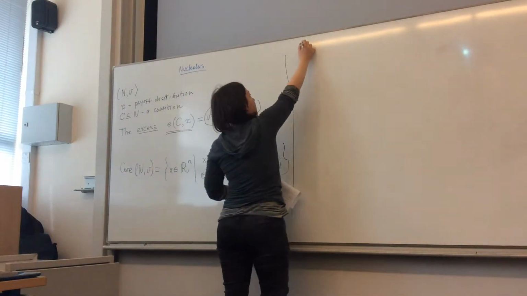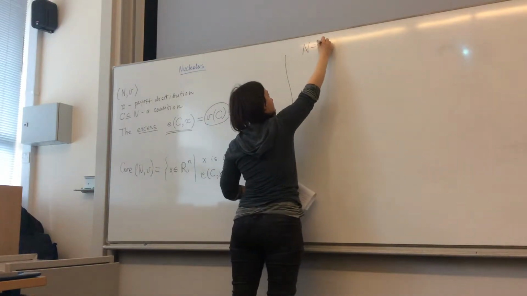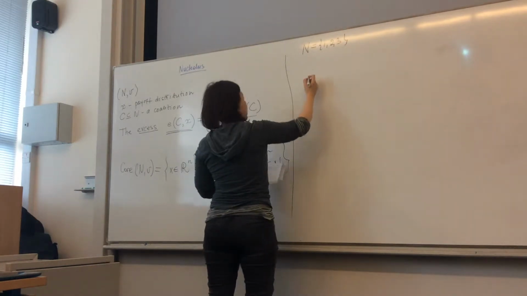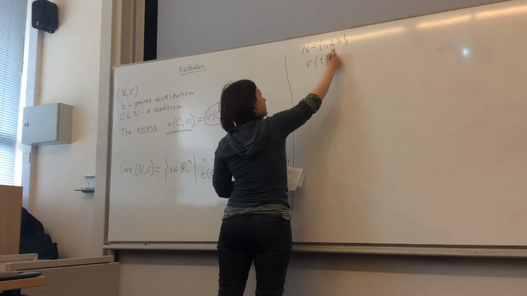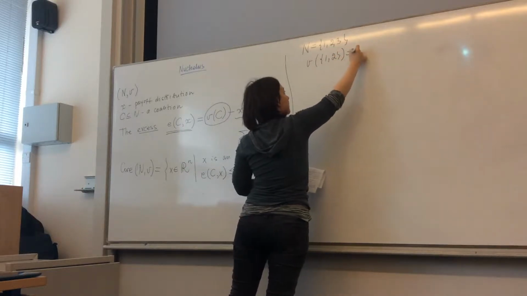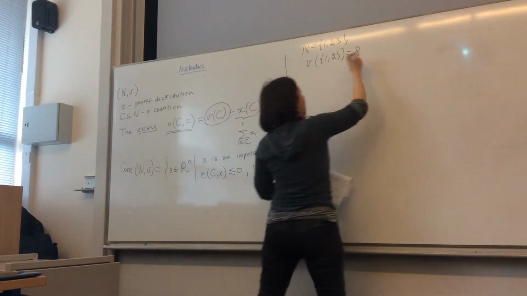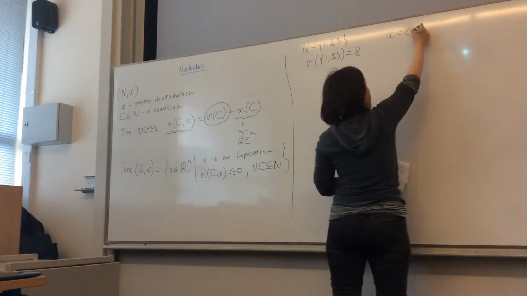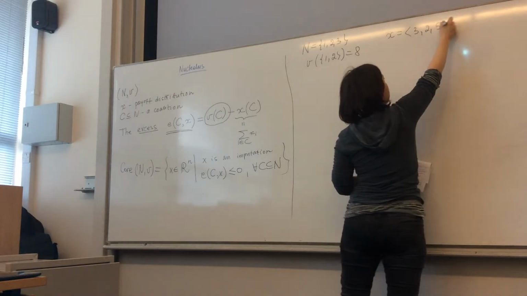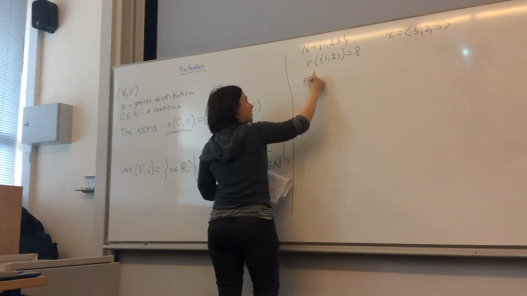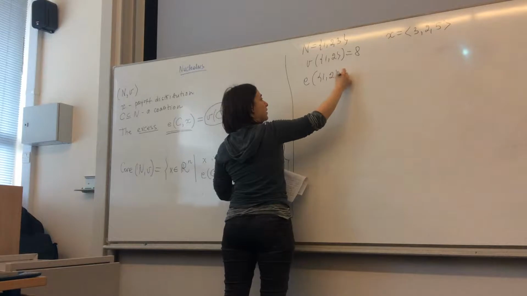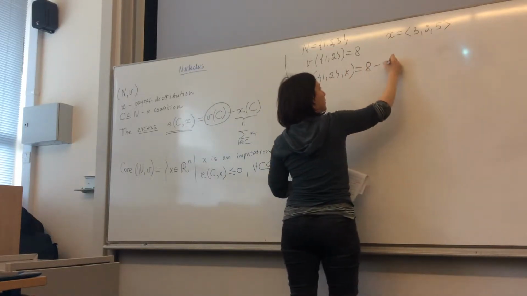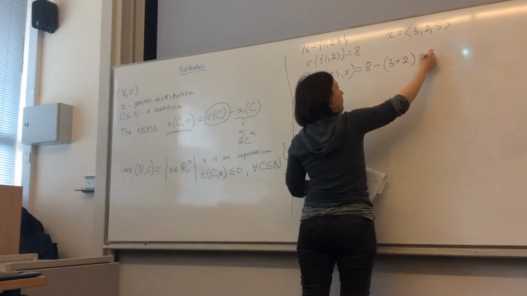So if I have, for instance, 3 agents, 1, 2, 3, and the value of the coalition of the first one and the second one is say 8, and the payoff that I give them is 3, 2, 5, then the excess of coalition {1,2} under X is 8 minus (3 plus 2), which is 3.